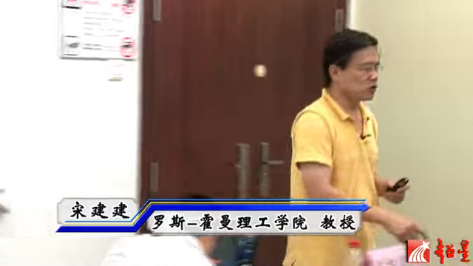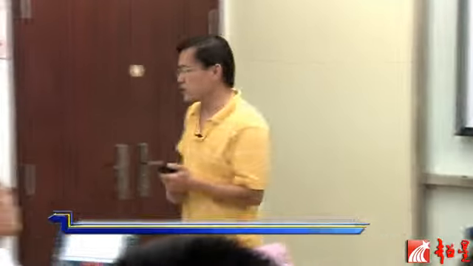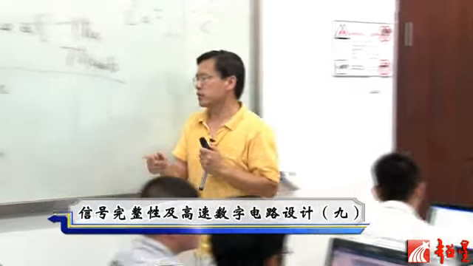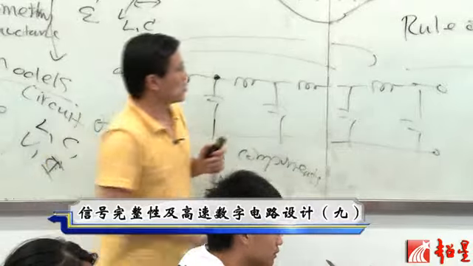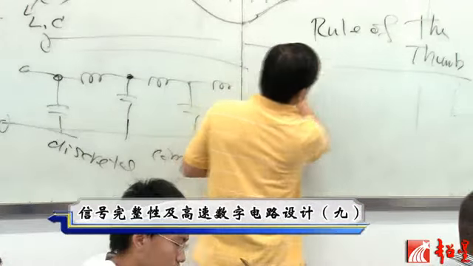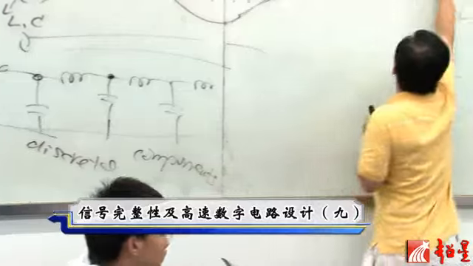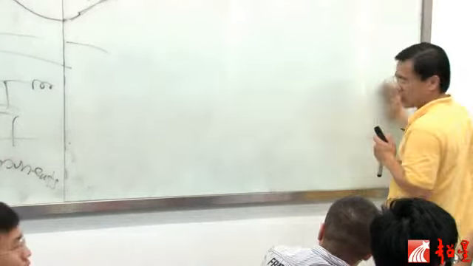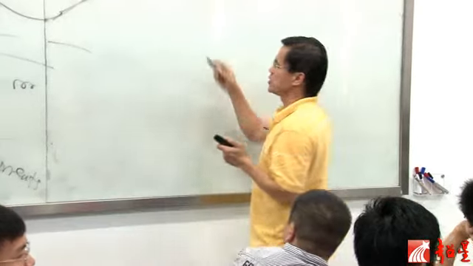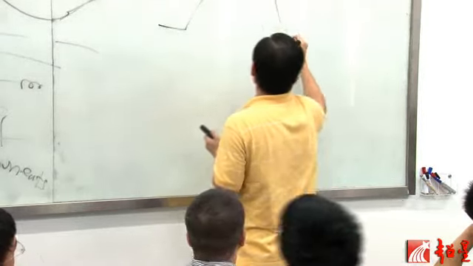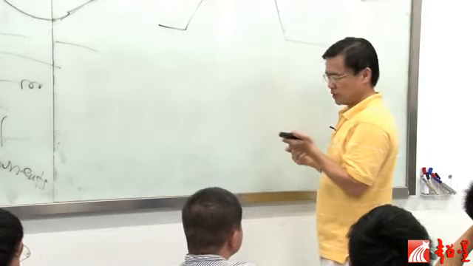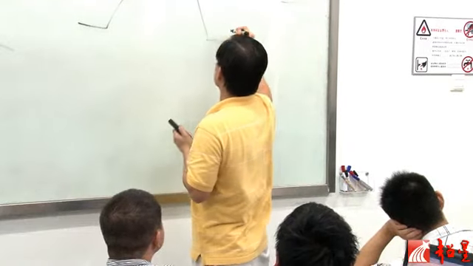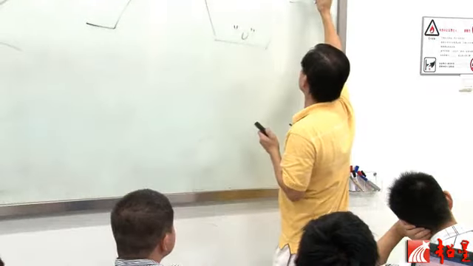I can show you a very simple idea of what we're talking about here. If someone asks you what high-speed digital design is, this is a digital signal. You have logic 1, logic 0, logic 1.